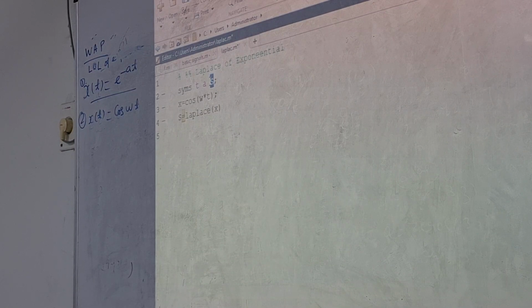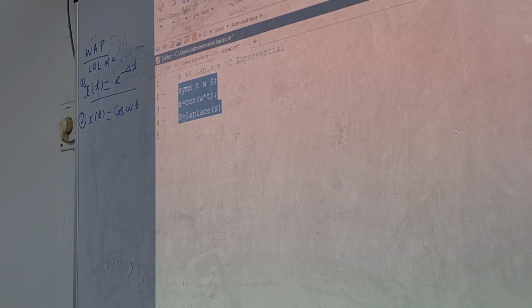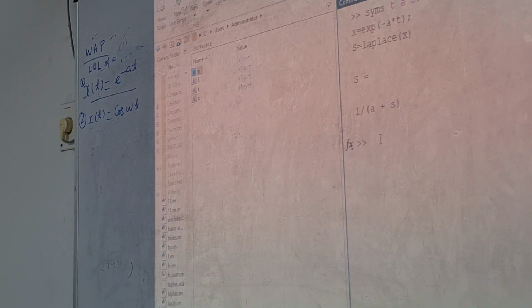S is the same, you also have t, and you write w. Then s equals laplace of it. You directly run it in the command window, press enter, and find the Laplace transform of the cosine function.